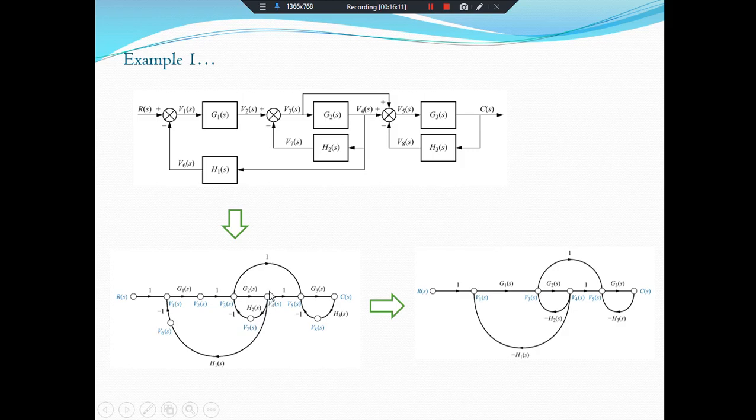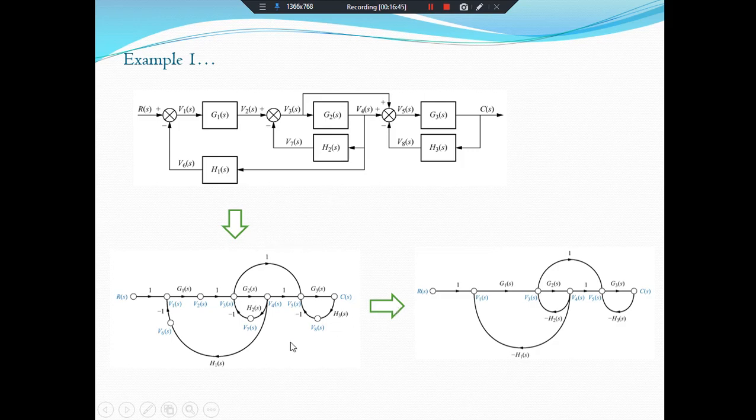Similarly, the feedback path from V4 to V1 is connected through V6 of S, and the gain between V6 and V1 is -1. So we remove this branch and multiply the -1 with H1 of S, and we write it as minus H1 of S. So we directly connected V4 of S and V1 of S. So this is the simplified version of this signal flow graph.